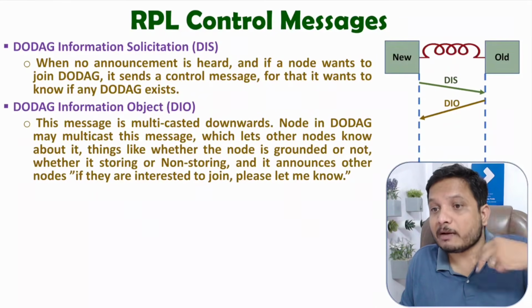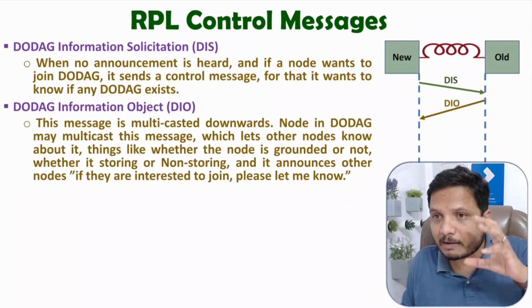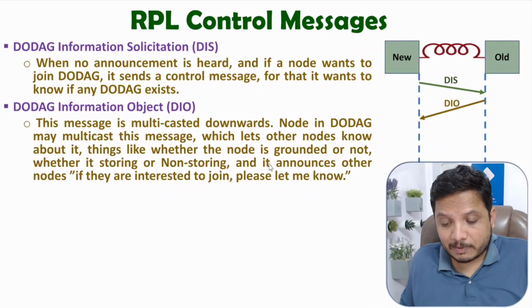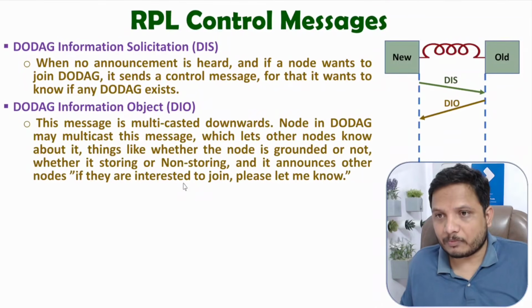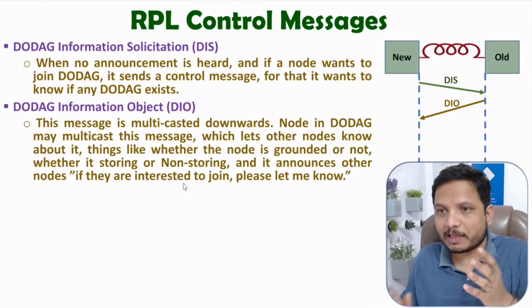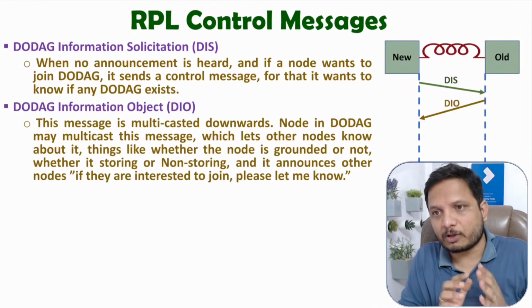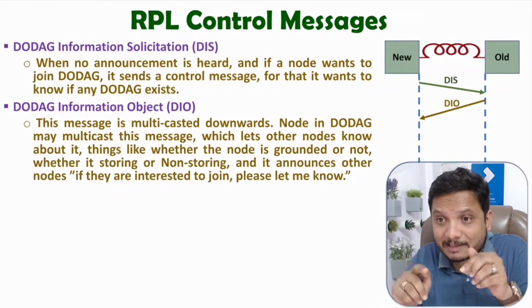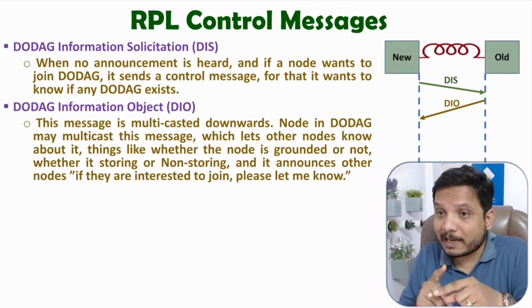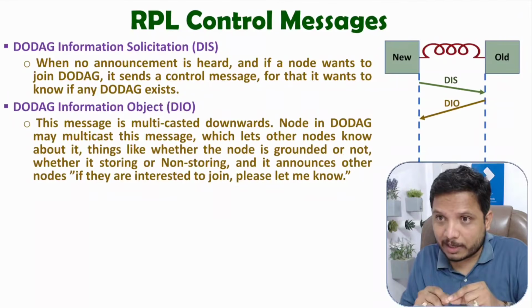So routing table information is also there with that message, and it also announces whether others are interested in joining the given network. It is saying whether this network exists or not, and if you are interested, you can join over here.